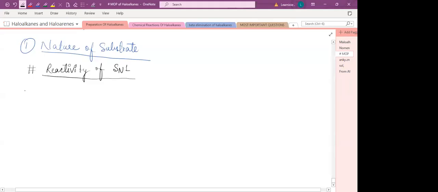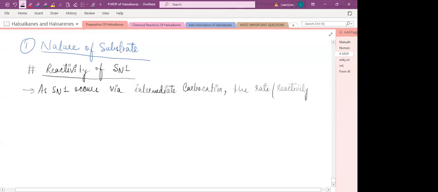So just remember, SN1 occurs via intermediate carbocation. So the rate, or you can say reactivity also, depends on stability of carbocation, right?